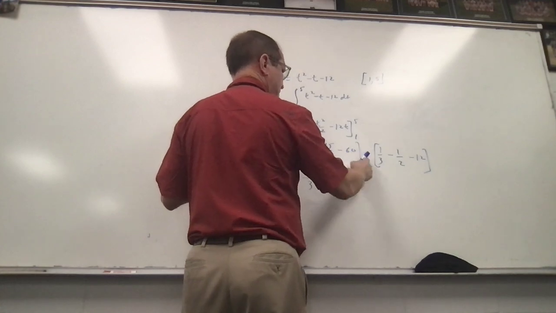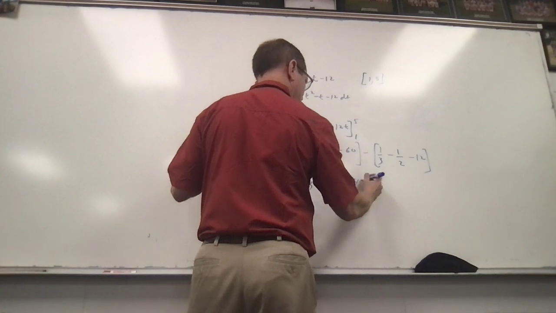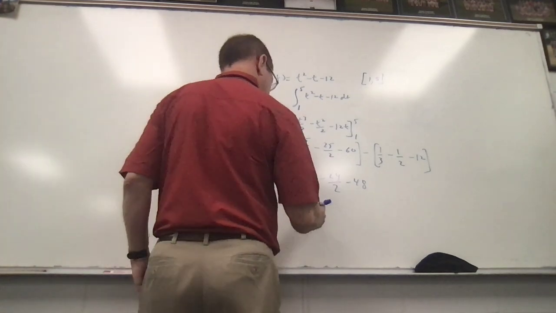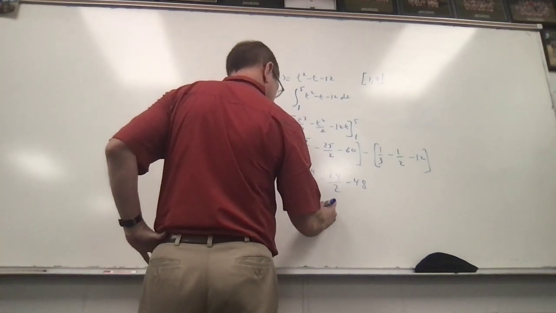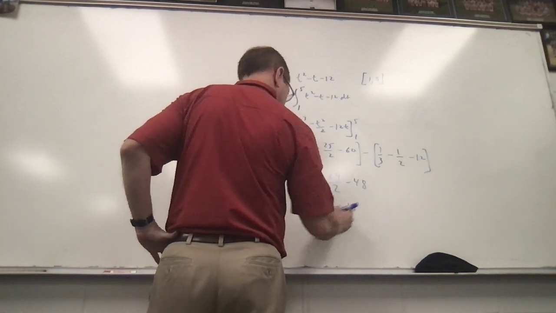And then negative 60 plus 12 is negative 48. Have I done that arithmetic correctly? Okay, 124 over 3, that is simplified, minus 12 minus 48.